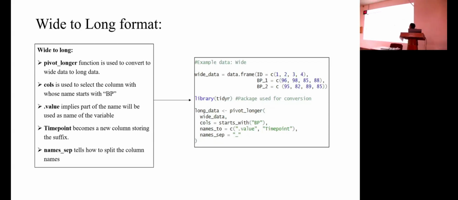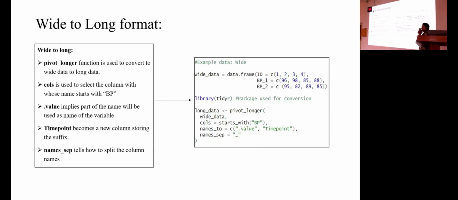This is the library with the function for wide to long format, so pivot_longer is available in this package. Before reshaping the data, you need to make sure this package is already installed in your R program. If not, you need to install it using the install function, or the install window, by typing it and installing.